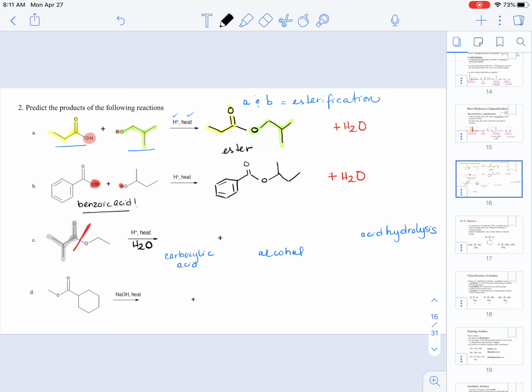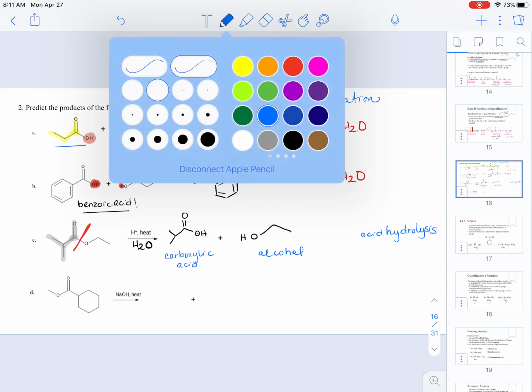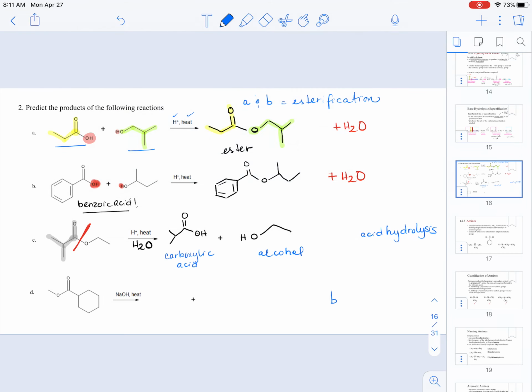So here, this is what's going to turn into a carboxylic acid. And then we're going to write the oxygen, which is going to receive the hydrogen and the alkyl chain that is attached to it. The last reaction that we have here is going to be base hydrolysis.